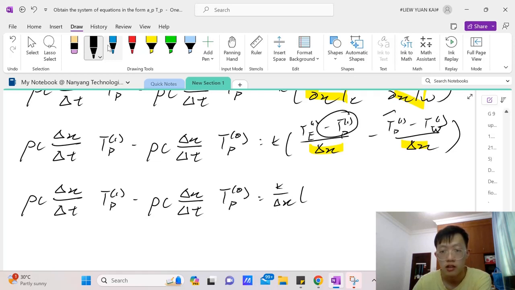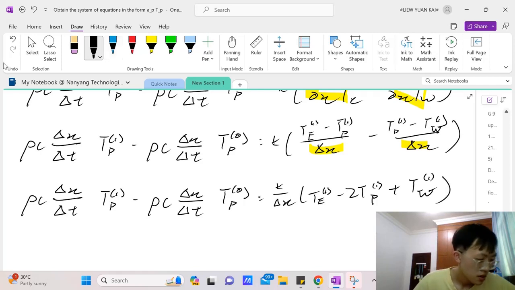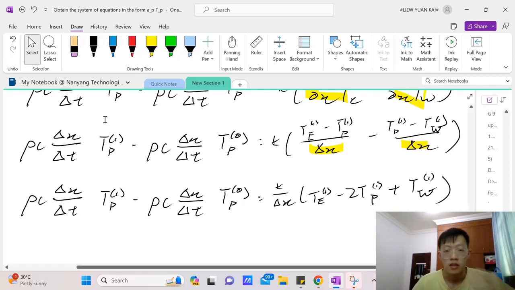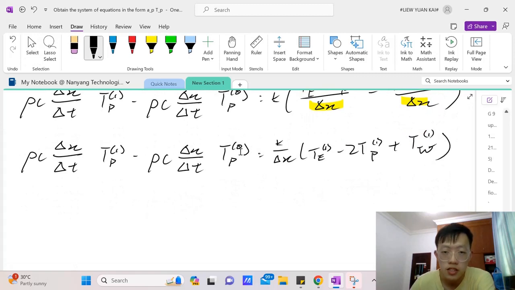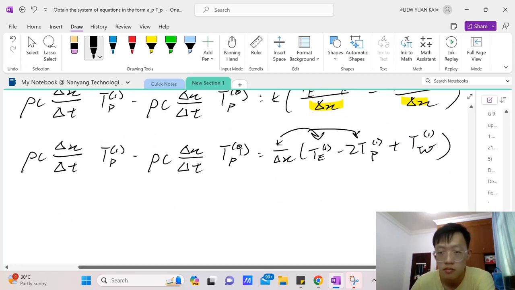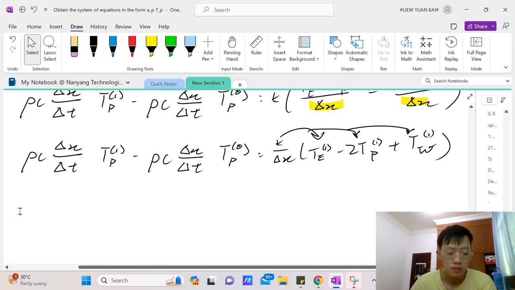So minus 1 is minus 2, so minus 2 T_P in the future. And then minus minus is plus. Next thing I'm going to do is distribute this k delta x to each term. Again, let's spit this back out.